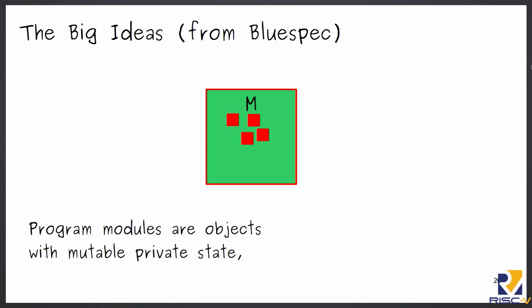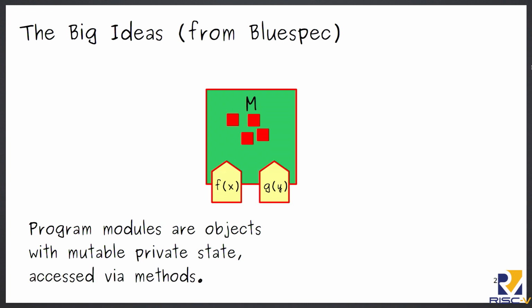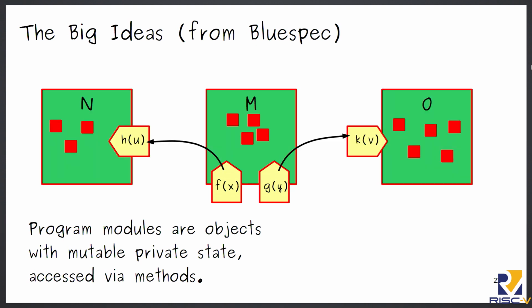Instead, each module exposes a bunch of public methods which can be called with arguments and can return values, and the methods can read and write the mutable state of the modules they reside in. And of course, methods are implemented by calling methods in other modules, and they can in turn call others, so we get a nice modularity pattern here that makes it easier to think about how the system works, just like it does with object-oriented programming in software.